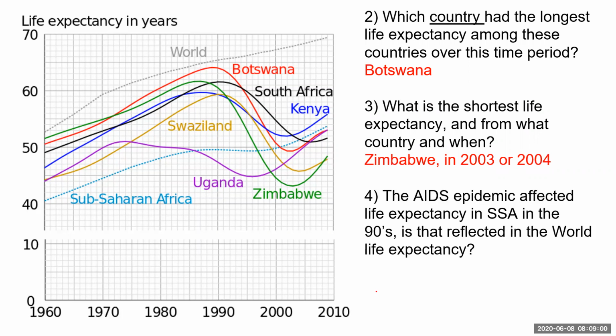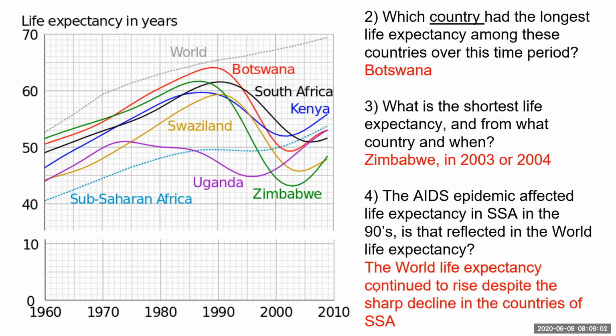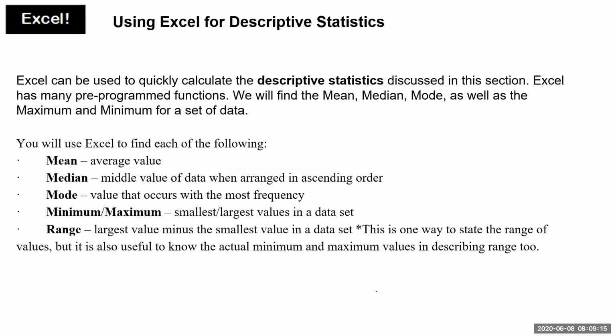And the AIDS epidemic affected life expectancy in SSA in the 90s, and that reflected in the world life expectancy.